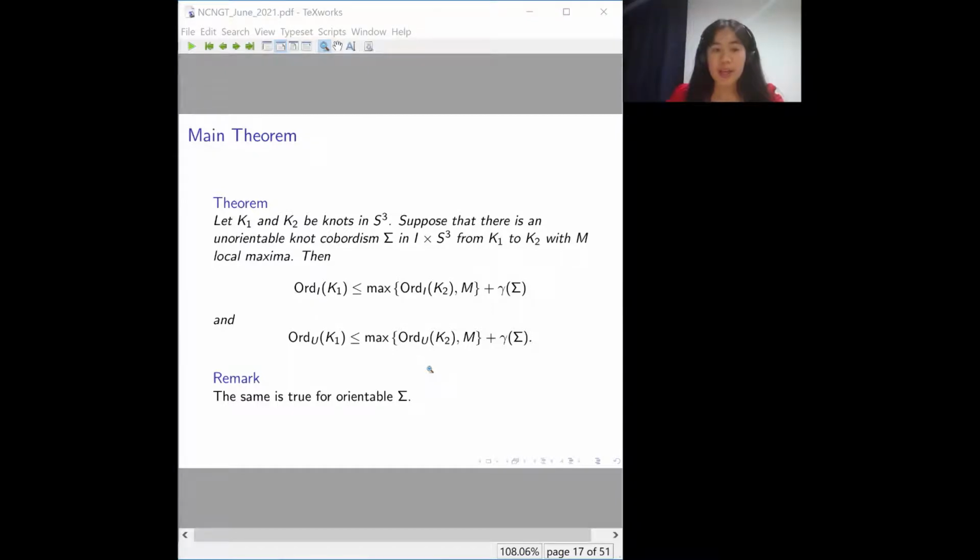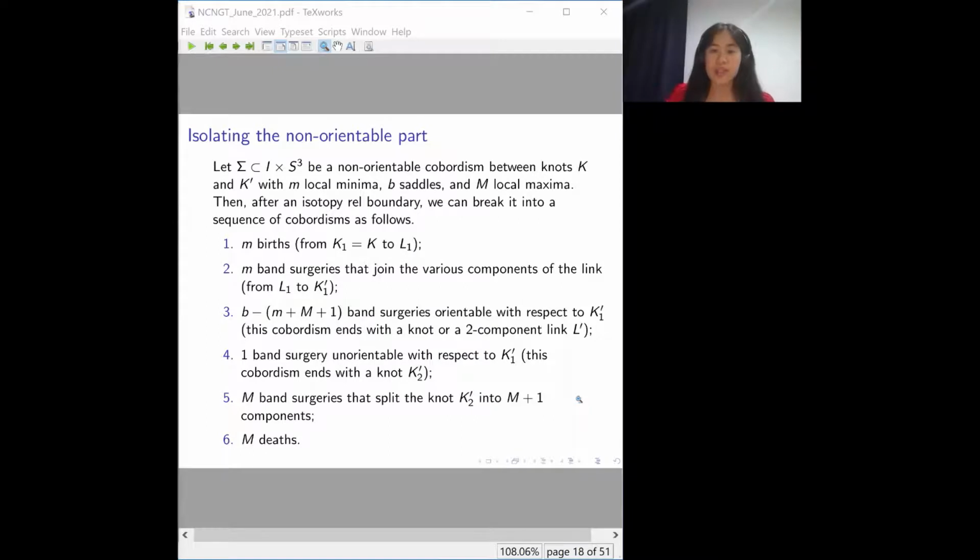So let me just tell you now about the argument that we make. The setup is still going to be analogous to Juhász, Miller, and Zemke's, and the main difference is that we're keeping track of one non-orientable piece. Like how they do, we start by decomposing the cobordism.